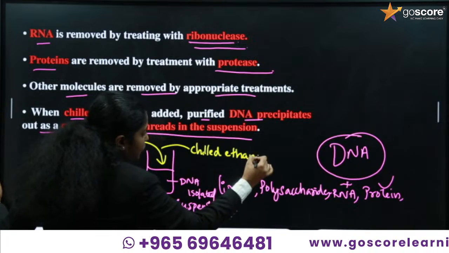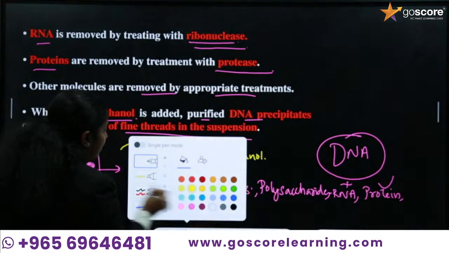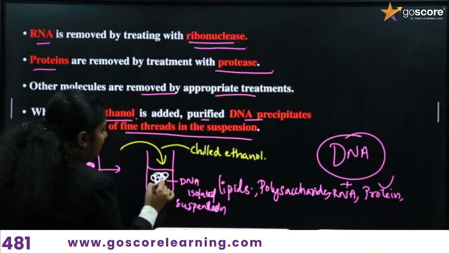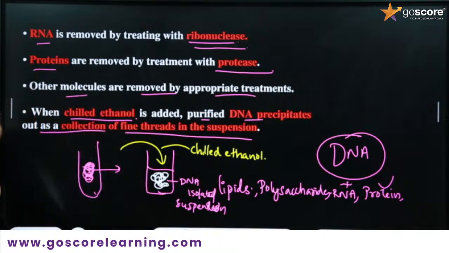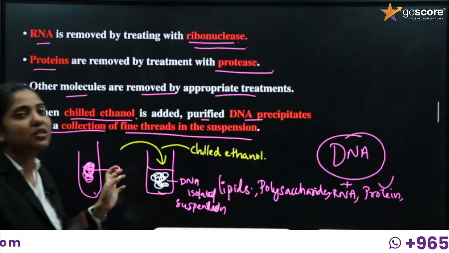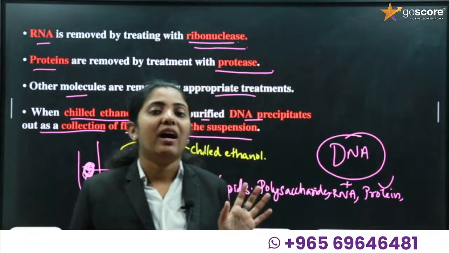The DNA present inside will be precipitated as white threads. When it is precipitated, we can take it out for the further steps. This is how the DNA is isolated.